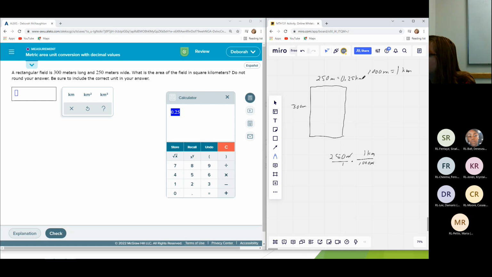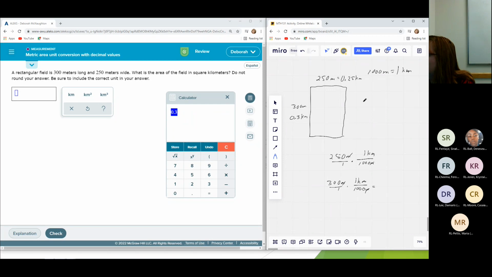And then 300 meters, we're also going to divide, right? 300 meters over 1 times 1 kilometer over 1,000 meters. Cancel. So it's 300 divided by 1,000, it's 0.3 kilometers.